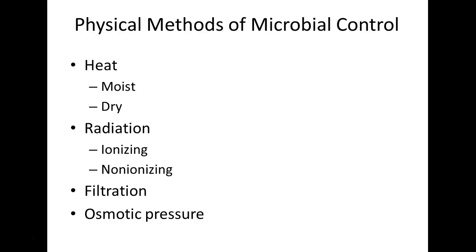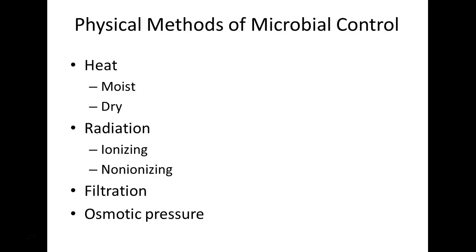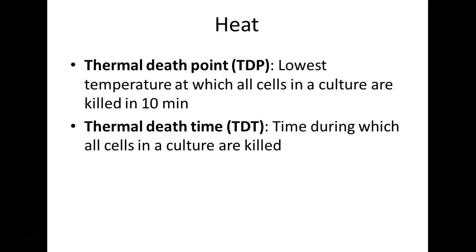What kinds of treatments can cause these lethal results? Well, heat, radiation, and then we'll talk about a couple others. So these methods are physical rather than chemical, so heat.